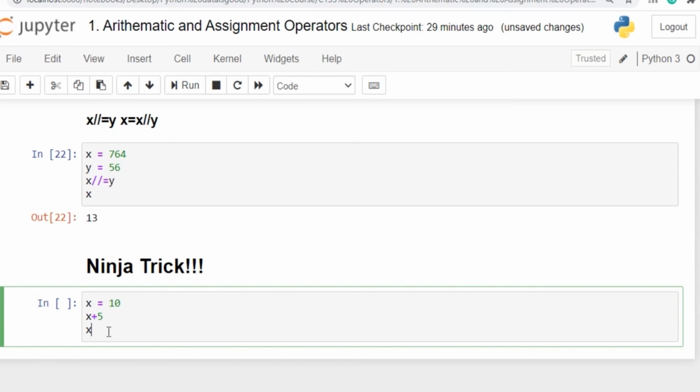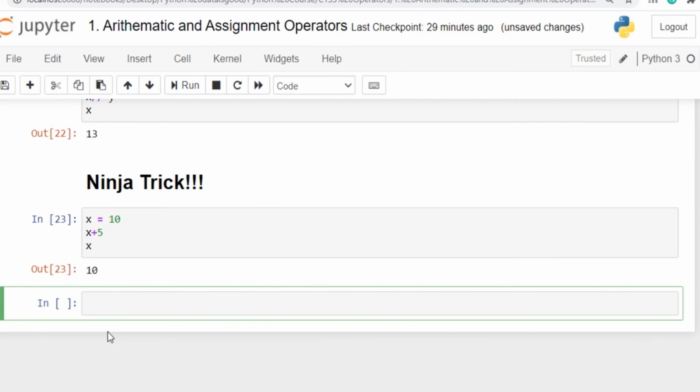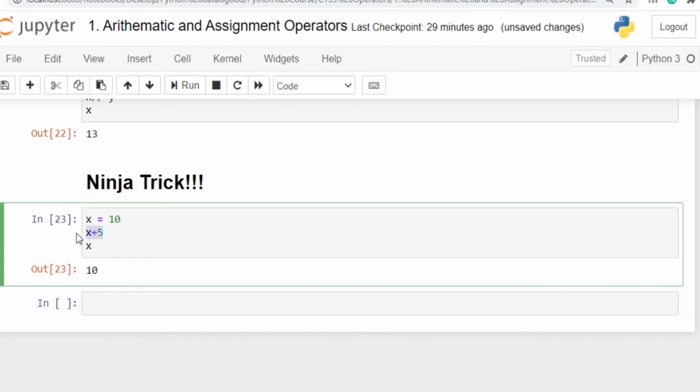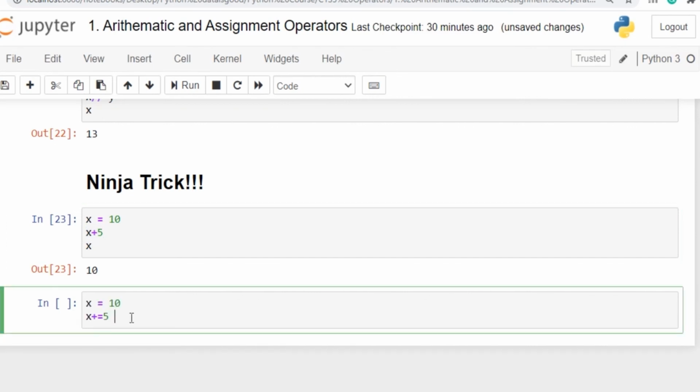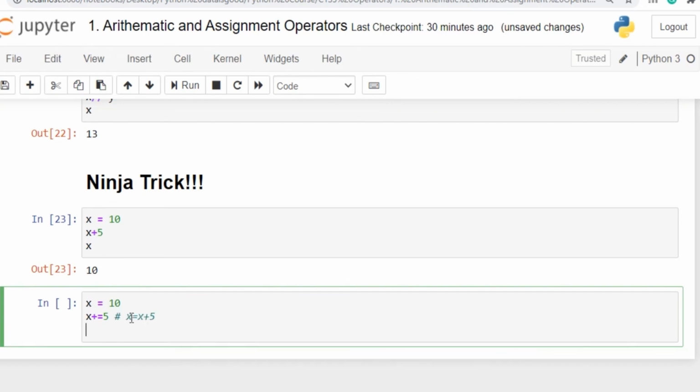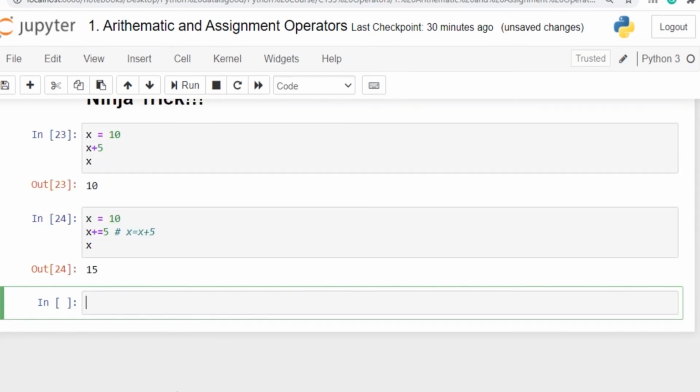The answer is 10. Most of you would be thinking the answer to be 15, and it is 10 because we did not assign the value of x after the addition operation. The right way to do it: x is equal to 10, x plus equal to 5, equivalent to x is equal to x plus 5. Print x.